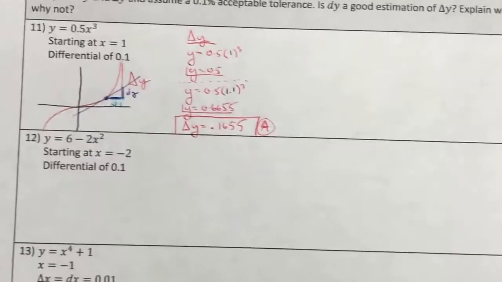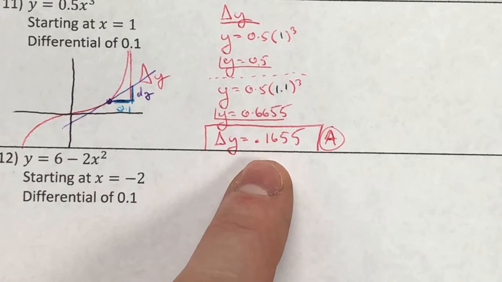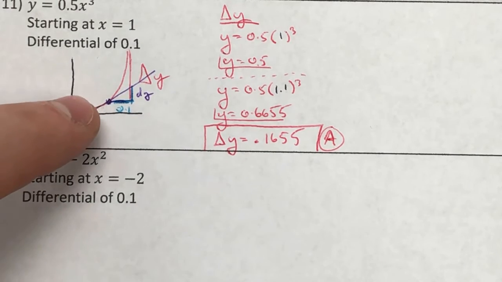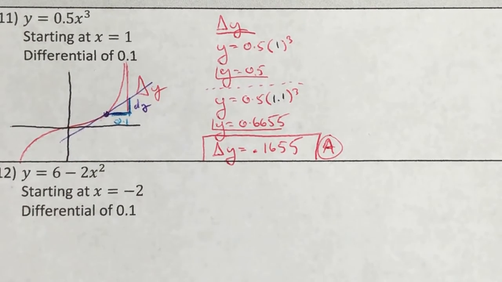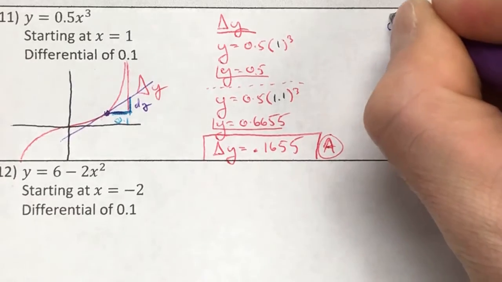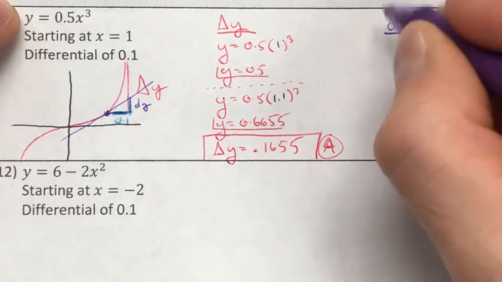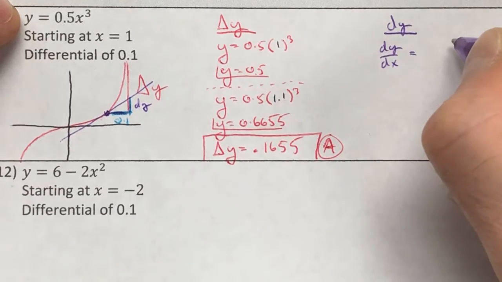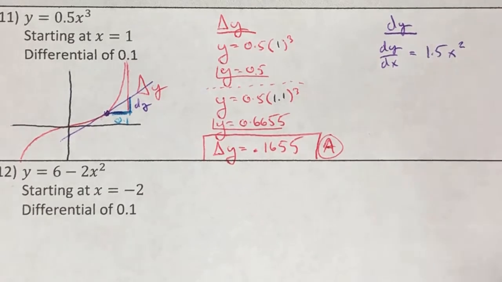Okay, so that is the actual change. The graph went up by almost 0.2 of a unit. Let's find what the expected change would be had we used the derivative, so that instantaneous slope. And so let's take that graph, figure out differential of y, and I'm just going to find the derivative of this, which means that dy over dx equals, let's see, 0.5 times 3 is 1.5 x squared.